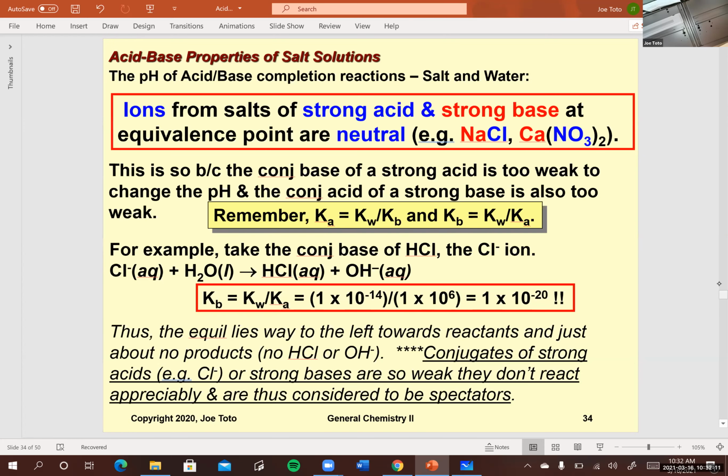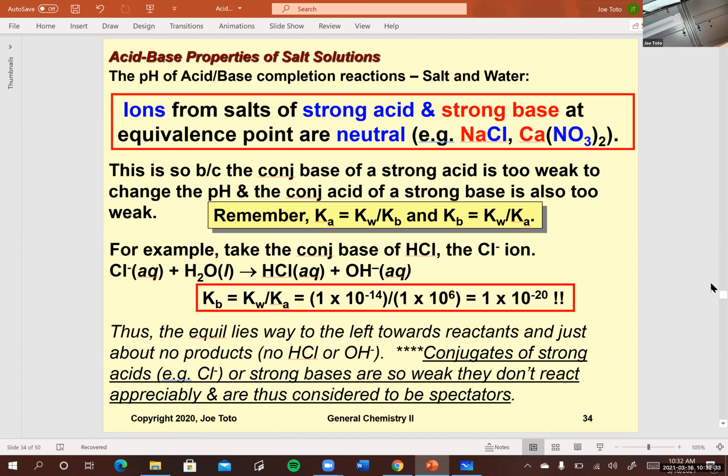All right, so now we get into the nitty gritty. After those arguments, we see that maybe there's a possibility for salty water to have a pH of 7 in the case when a strong acid plus a strong base is completely neutralized.